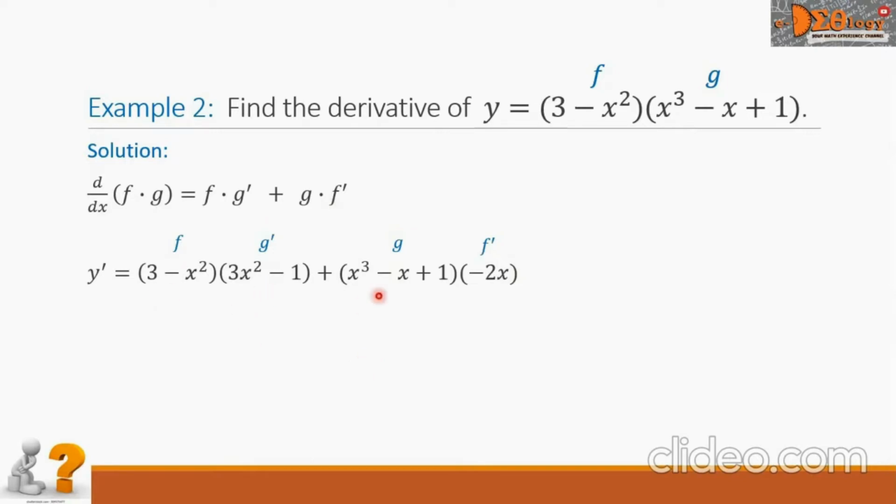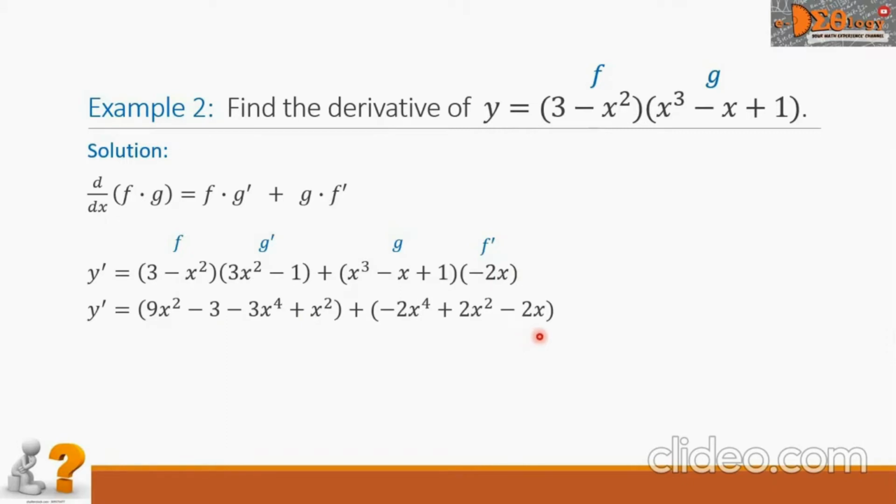Let us simplify the products respectively. So we have y prime equals 9x squared minus 3 minus 3x raised to 4 plus x squared. Then plus, the second group will be negative 2x raised to 4 plus 2x squared minus 2x.